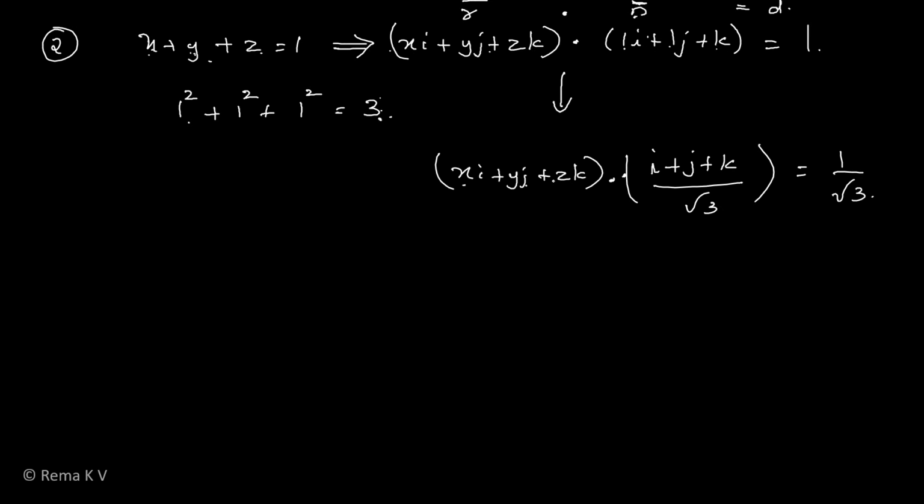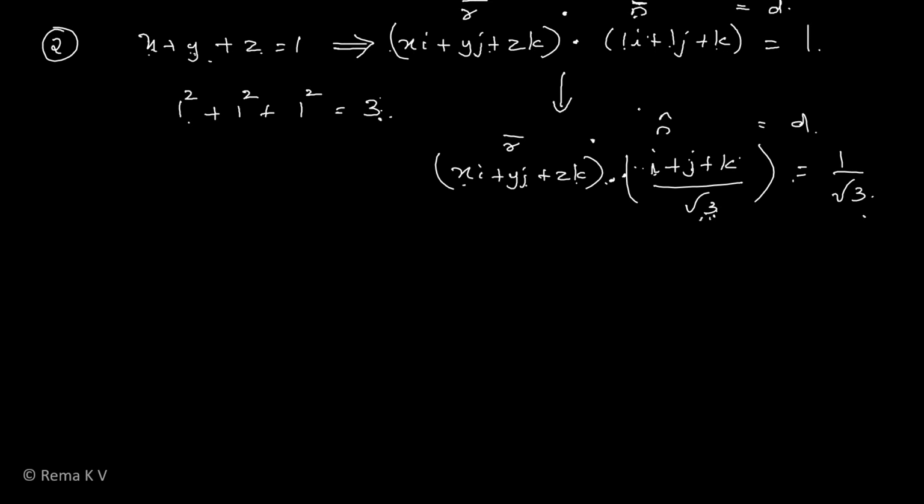Now the coefficients 1 by root 3, 1 by root 3, 1 by root 3 give a unit vector. So this is of the form r dot n cap is equal to d.